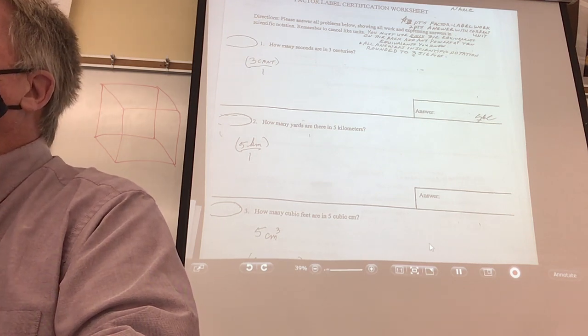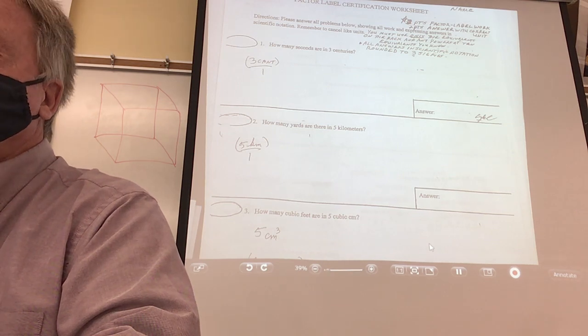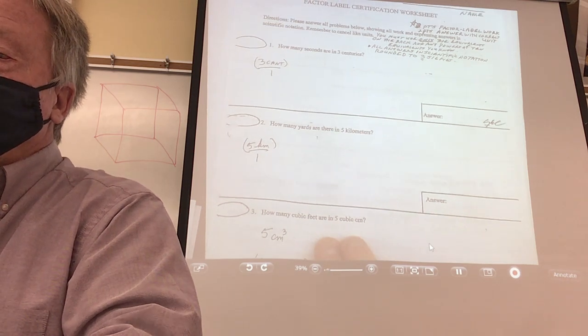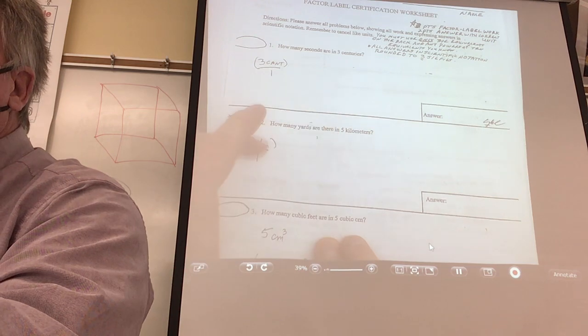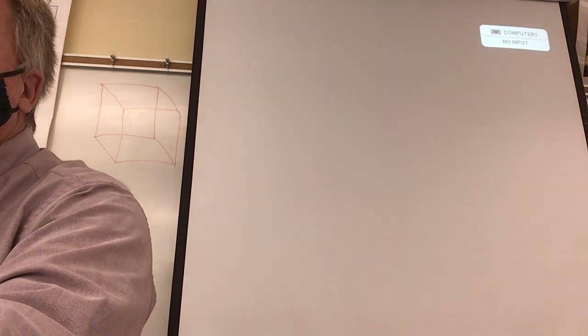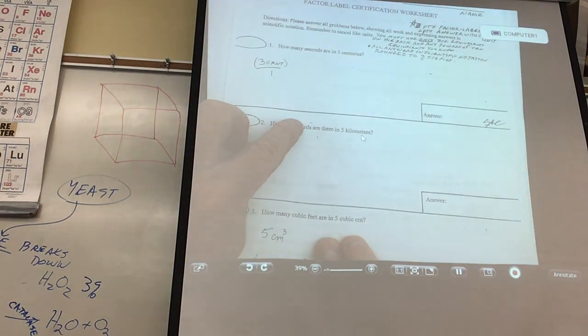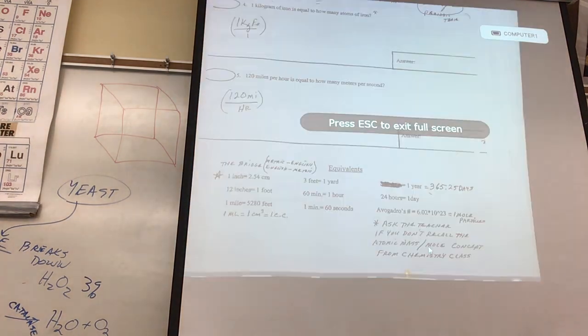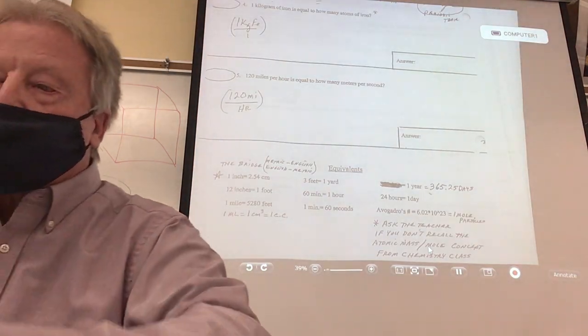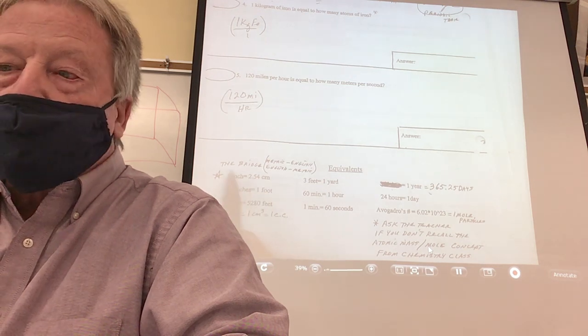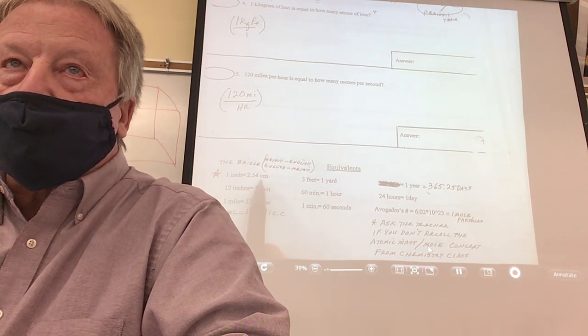I'll give you a clue for number 2. You're in the metric system here, but you have to get in the English system. A little clue here. Watch. See the guy right here? Inches, centimeters, inches.